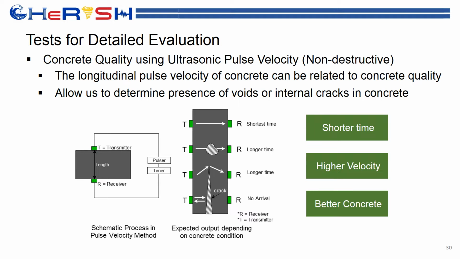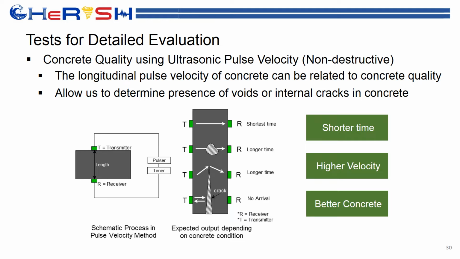Now we can also use the ultrasonic pulse velocity to determine the quality of concrete, or if there is any presence of voids or internal cracks in concrete. Because with the UPV, as given in this diagram, when you use UPV, you actually apply a pulse, and that pulse travels into concrete, and the time that it travels through the concrete depends on the presence of cracks, right?